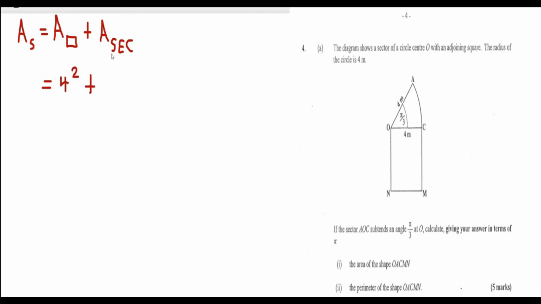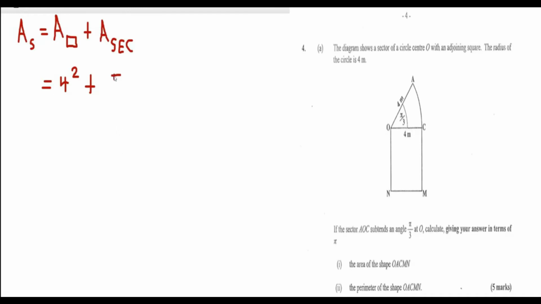Now there are 2 ways to find area of sector. In CSEC mathematics, you'd have learned theta over 360 times pi r squared. All right, so if you like that formula, you can stick to it. It's theta over 360 times pi r squared. And the theta that they give us is pi by 3.